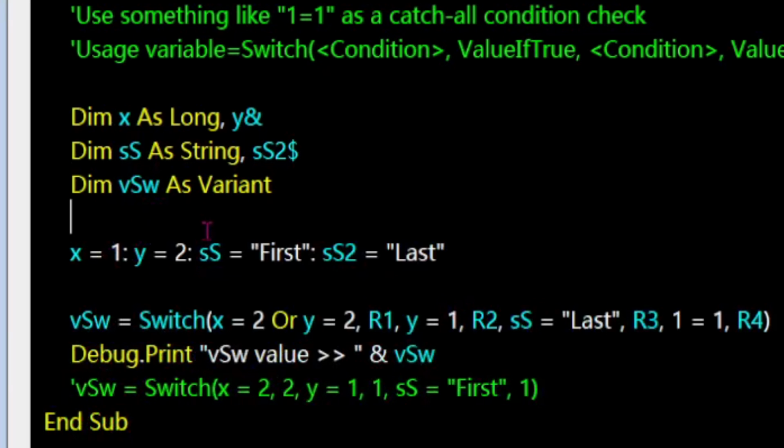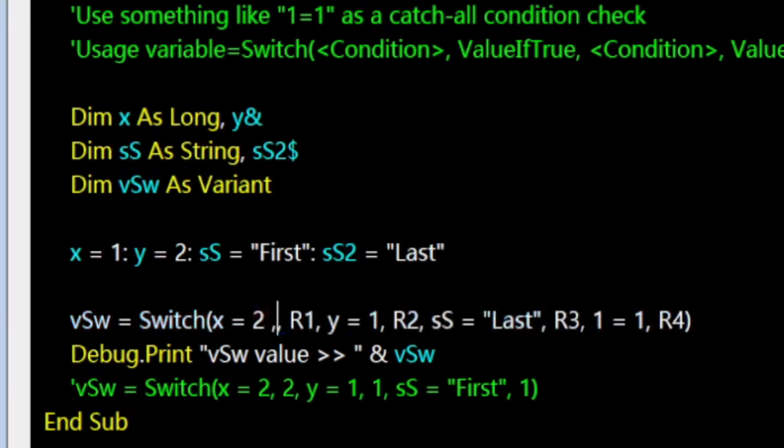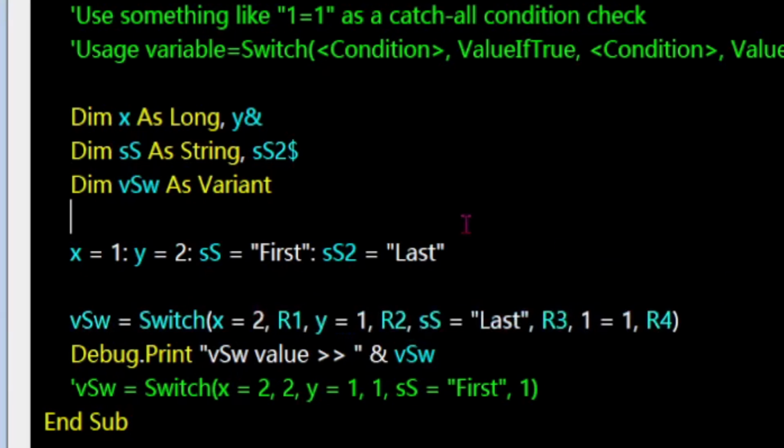So x equals 1, y equals 2, s is "first", s2 is "last". So I initialize these variables. Now I'm going to set my VSW, which is a variant, equal to Switch, and then I start testing conditions. I can use an Or or an And in here. I could have just said x equals 2, comma, R1, etc. So how do we read this?